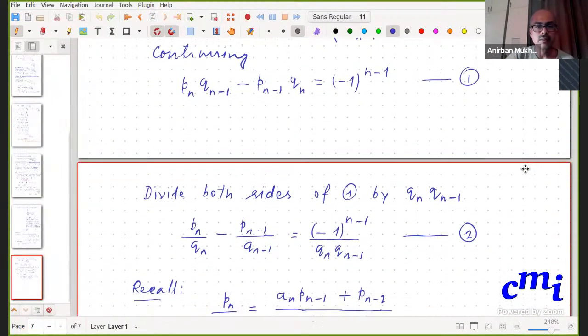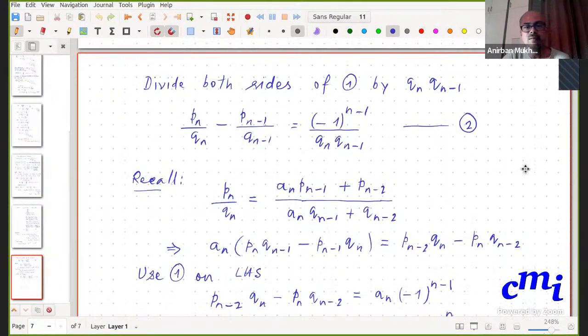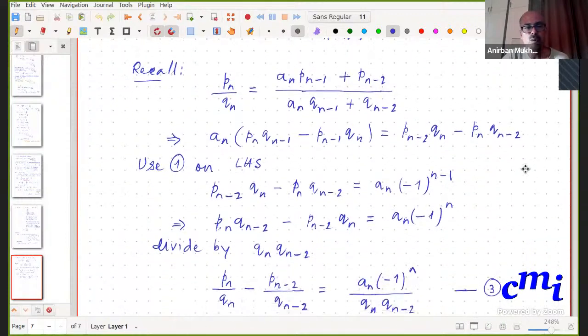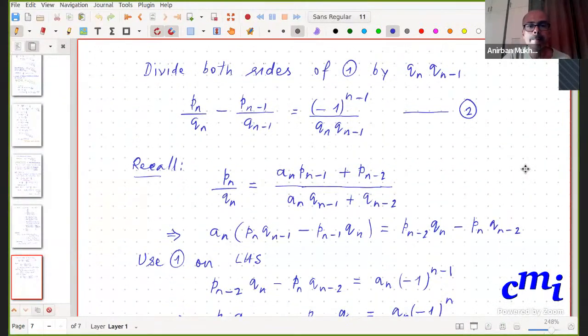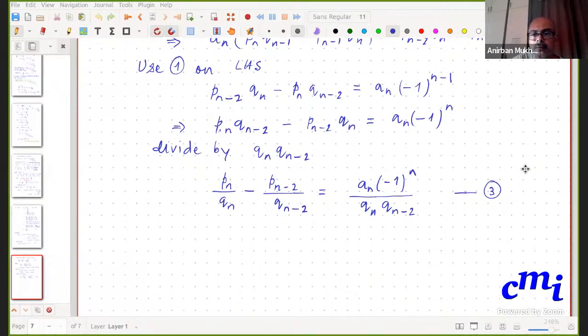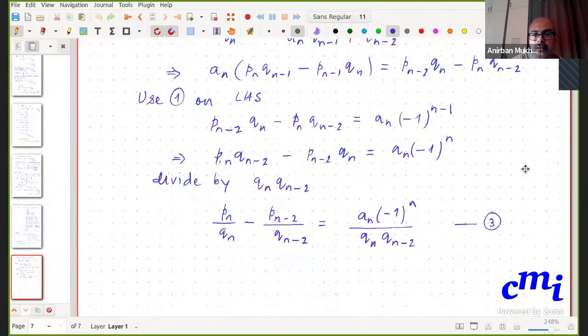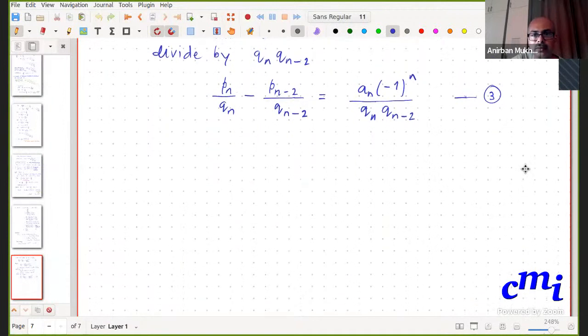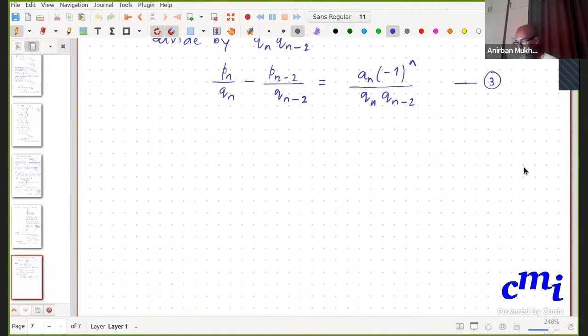We also proved a similar thing for a gap of 2, equation 3, where you are jumping from n to n minus 2. These are the relations we are going to require, which is why we numbered them. Let me start with these things.